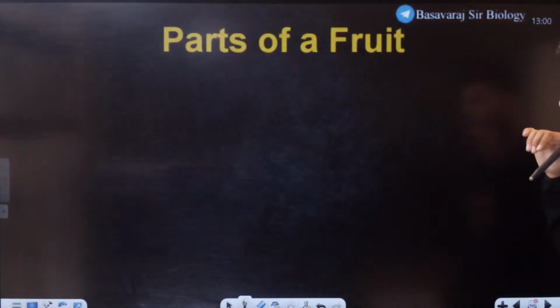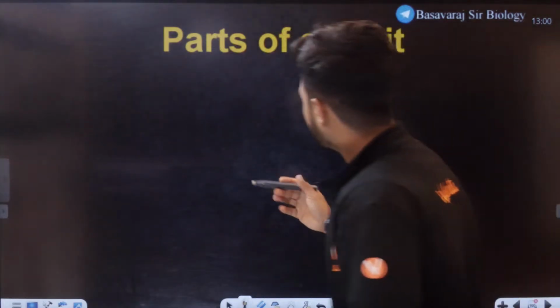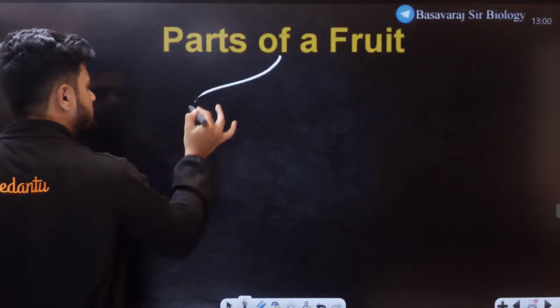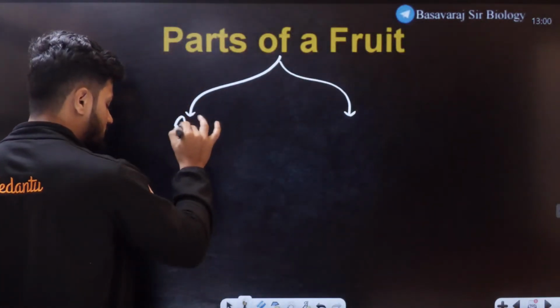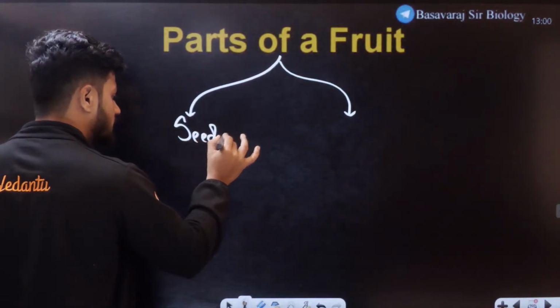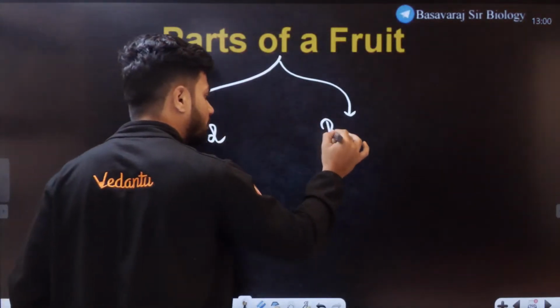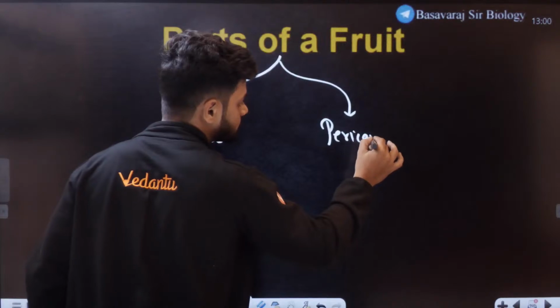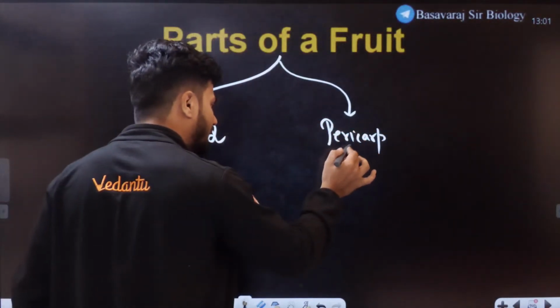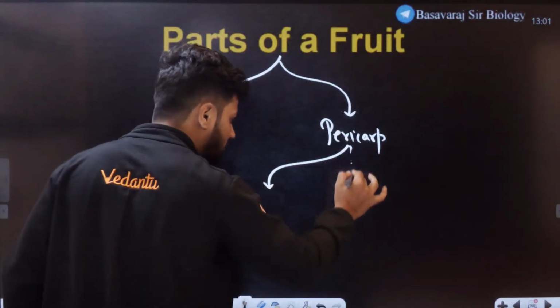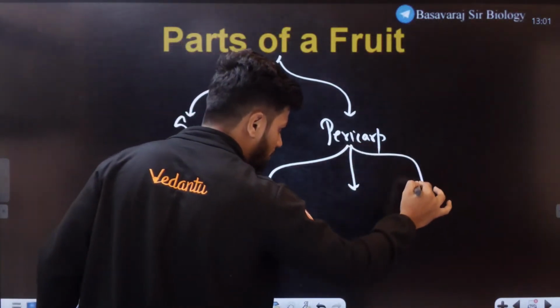Now there is something called parts of the fruit. Broadly speaking, there are two main parts of a fruit. One is called the seed. The other one is called pericarp. This pericarp is again divided into three main parts.